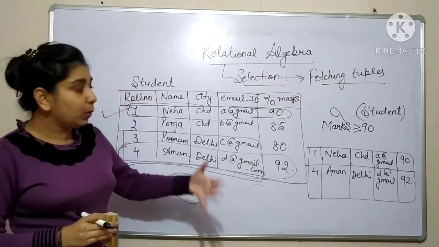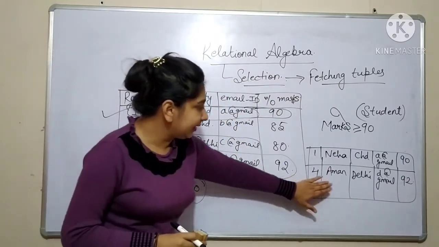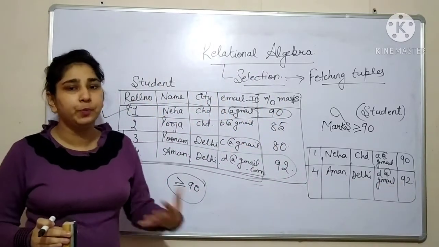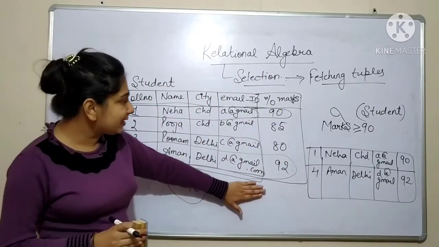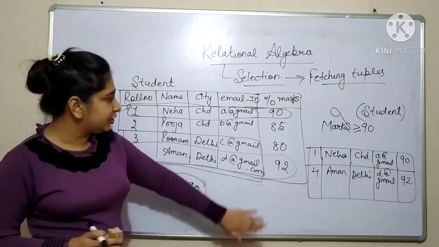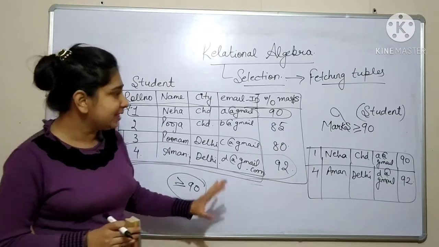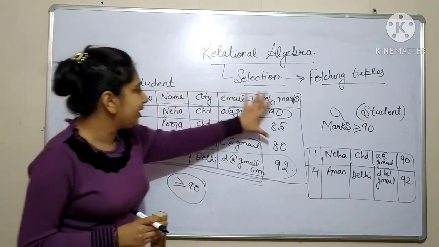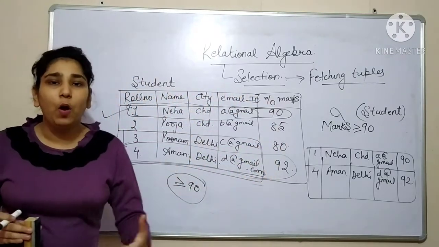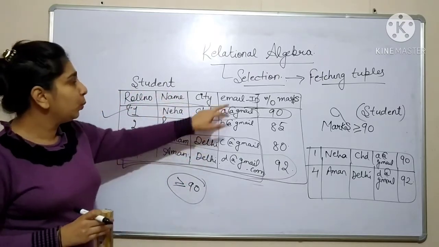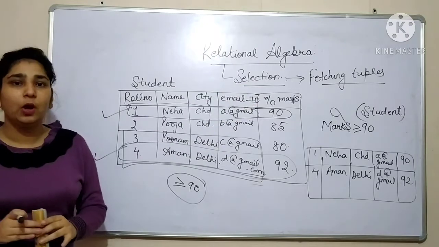So we are getting all of the attributes in the output. This is how our selection operation works. If we want to fetch the tuples of a relation, we use the selection operation.